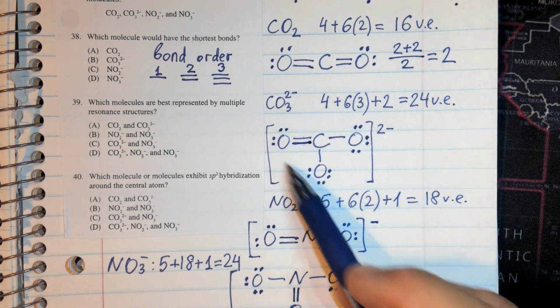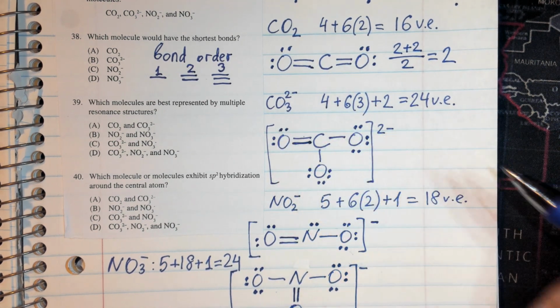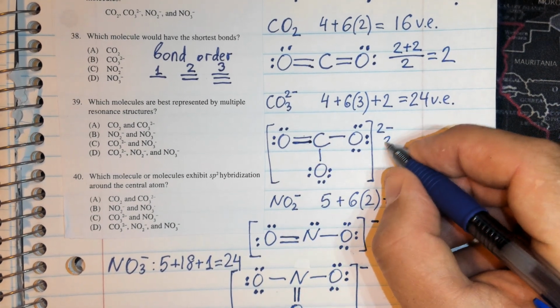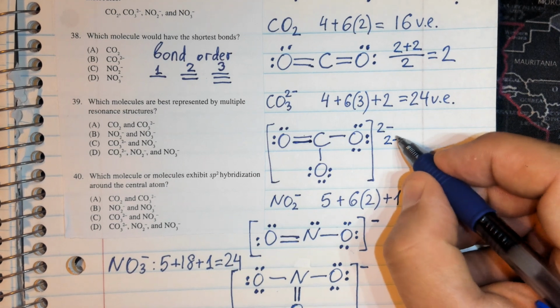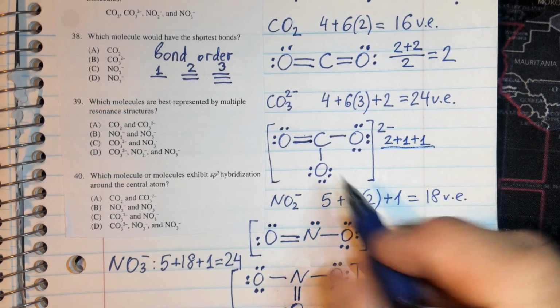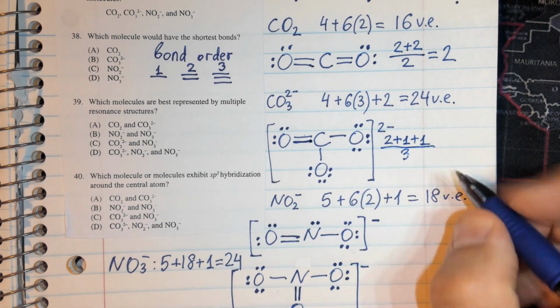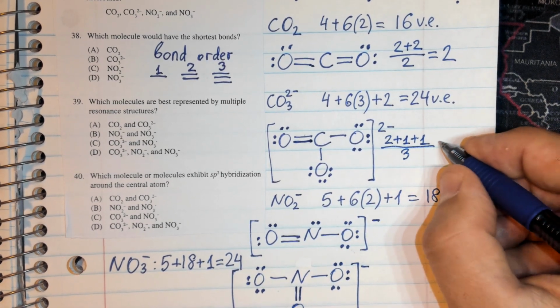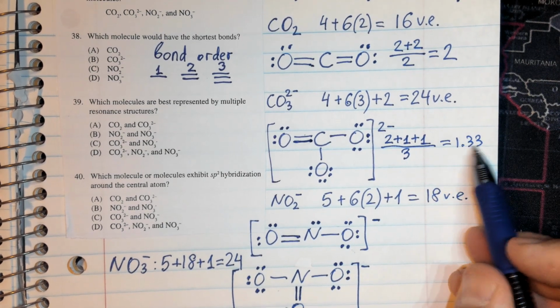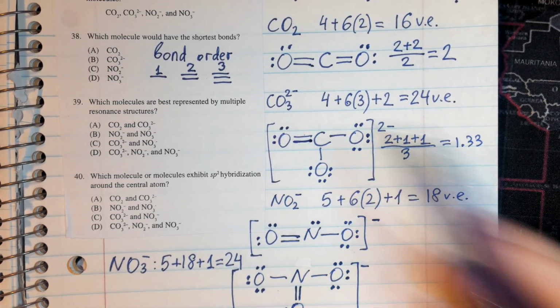Now let's look at carbonate, CO3 2 negative. Here you have a double bond, that's bond order 2, and then you have 2 single bonds, plus 1 plus 1. The total number of bonds is 3, so that's 4 divided by 3, 1.33, the average bond order in this ion.